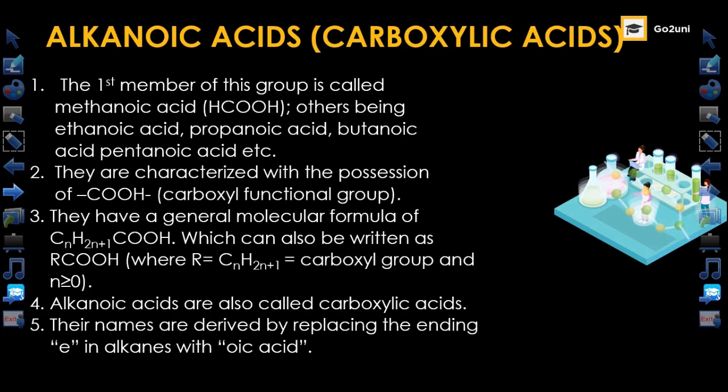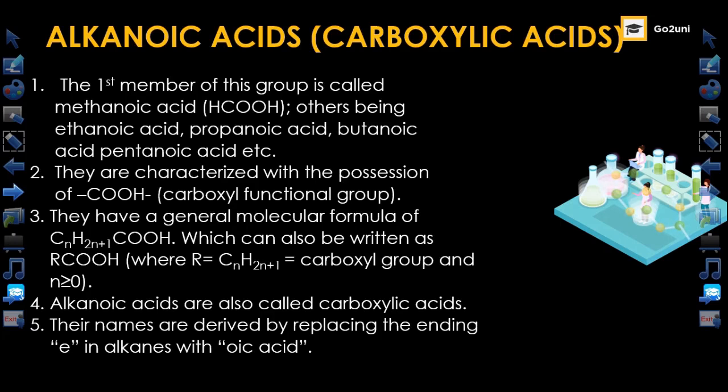So COOH is like a constant parameter for alkanoic acids, just like we have just seen in alkanols, where OH is a constant symbol for them. Similarly, alkanoic acids have COOH as a constant parameter.